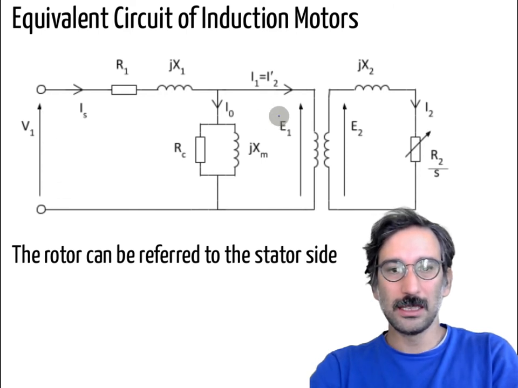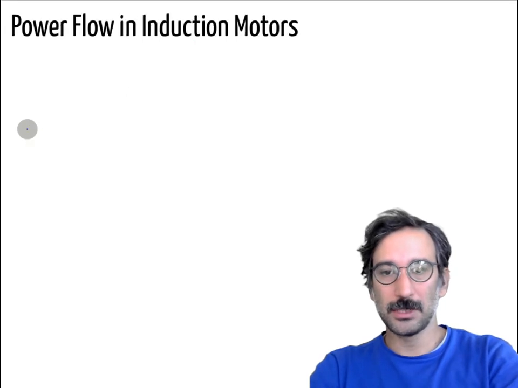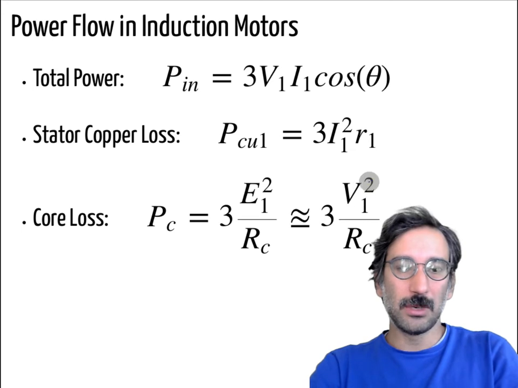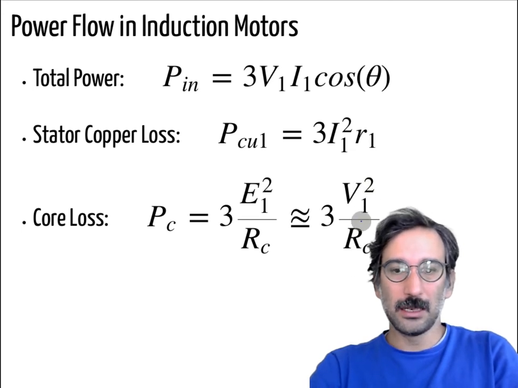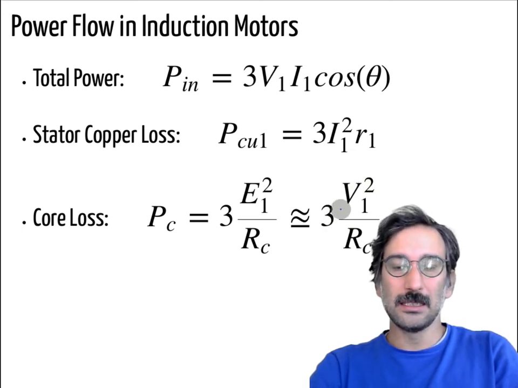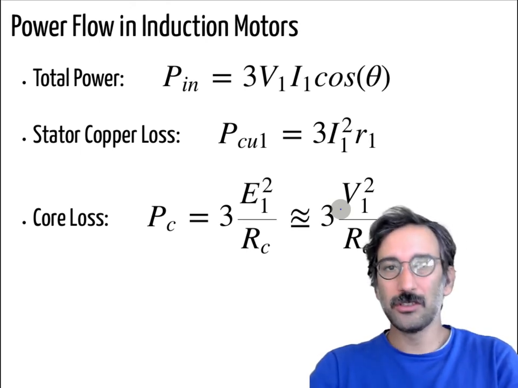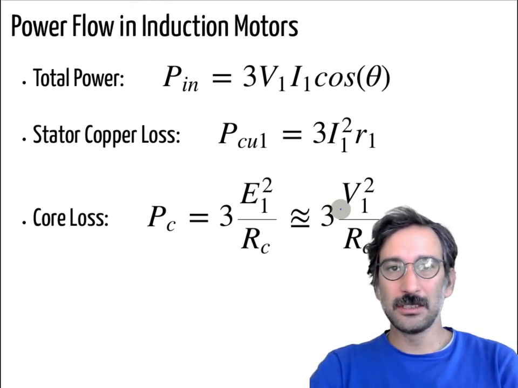So instead of E1 squared divided by Rc, I can represent it as almost equal to 3V1 squared divided by Rc. And this is the core losses, the heat generated in the electrical steel laminations of the stator.